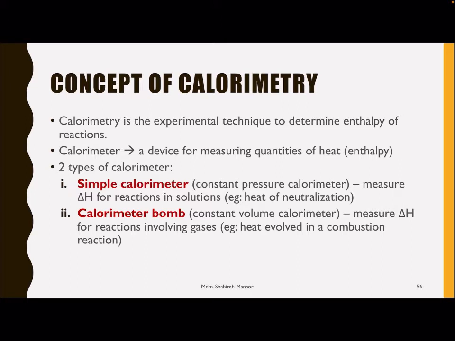Okay, so in order to measure the heat of a reaction, the reaction must be isolated. In the first lecture, you have learned a few types of system. We have open system, closed system, and isolated system.